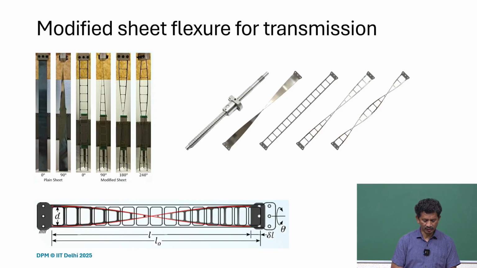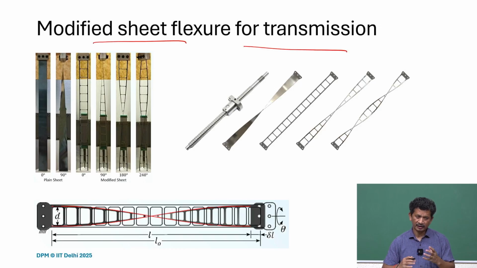We further use these concepts and try to address some of the limitations we have observed in some of the flexures. For instance, in sheet flexures we have some issues, so we tried to modify it.